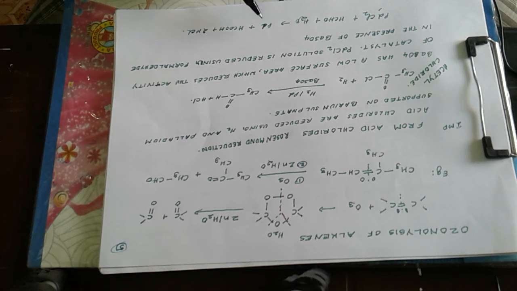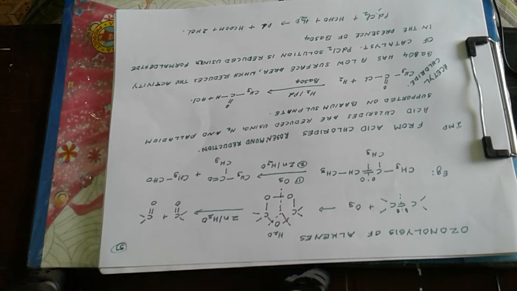So palladium is formed by reduction of palladium chloride using formaldehyde. In presence of water, formaldehyde is oxidized to formic acid. PdCl2 is reduced to palladium, and this 2Cl and 2H here combined to form 2HCl. So it is a redox reaction, an oxidation reduction reaction.